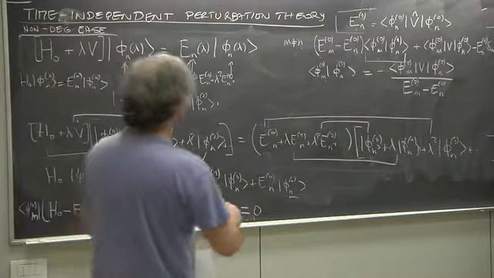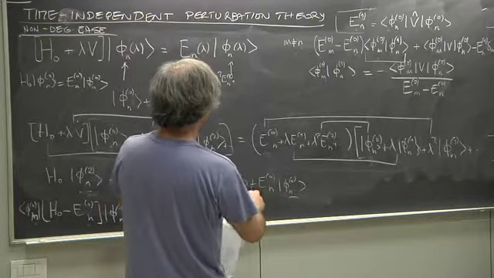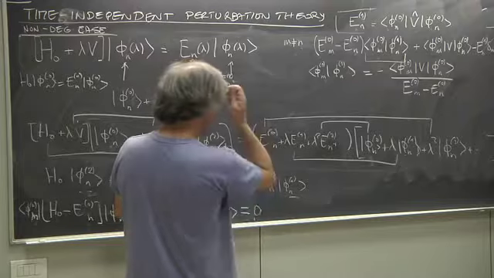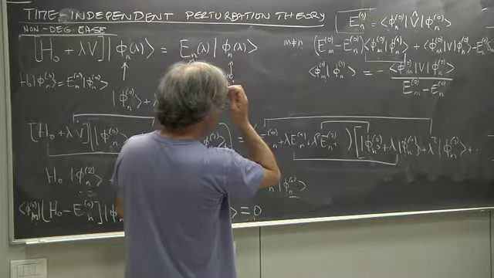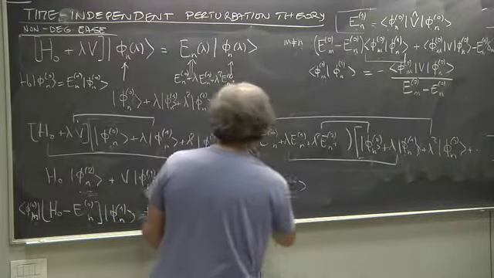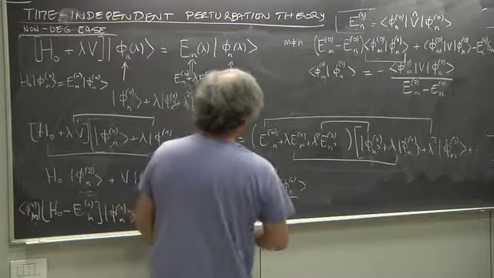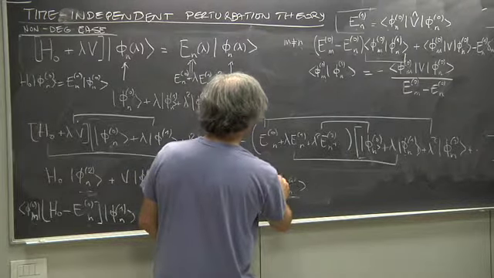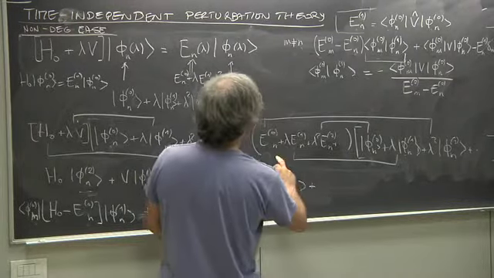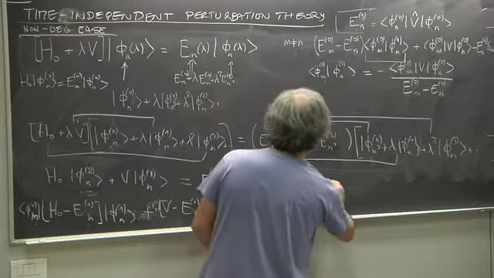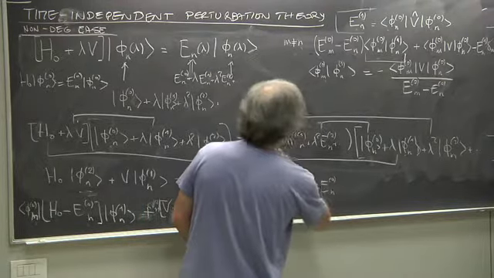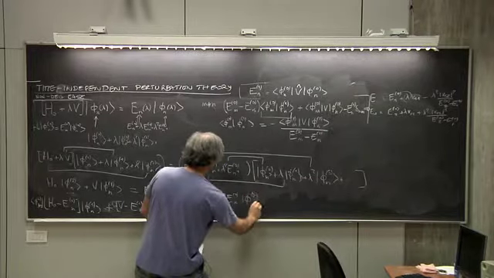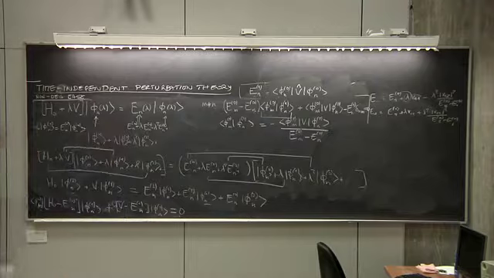Then on the right-hand side, I have phi 2 phi 0, then I have E1 phi 1, and then I have still another piece that is E0 times phi 2. Okay? So this is the equation to second order.